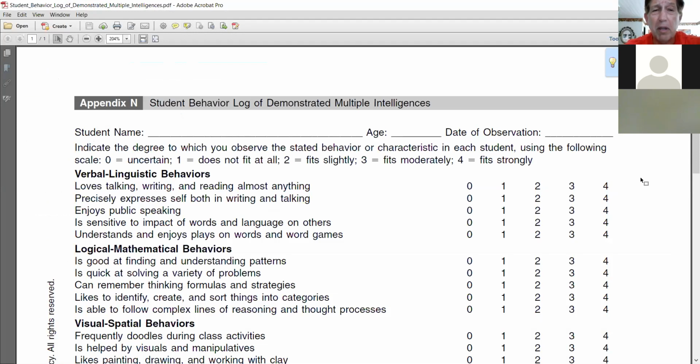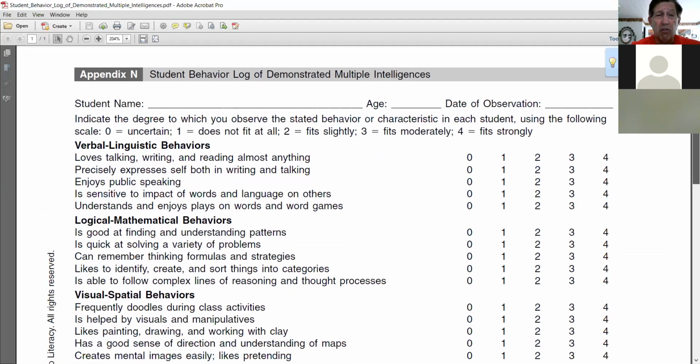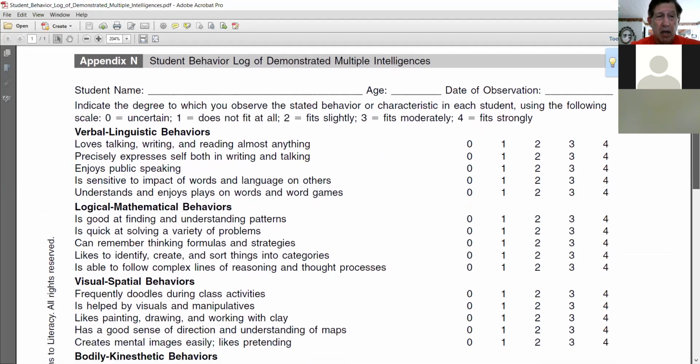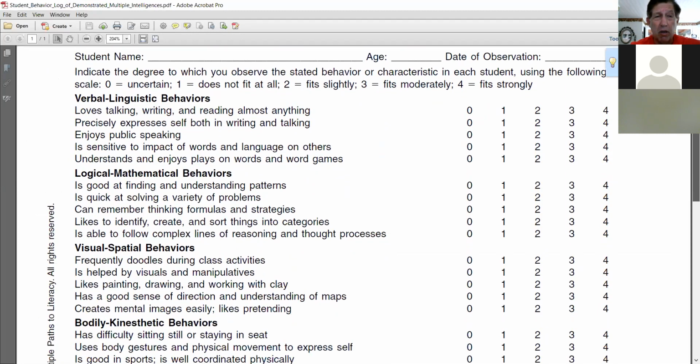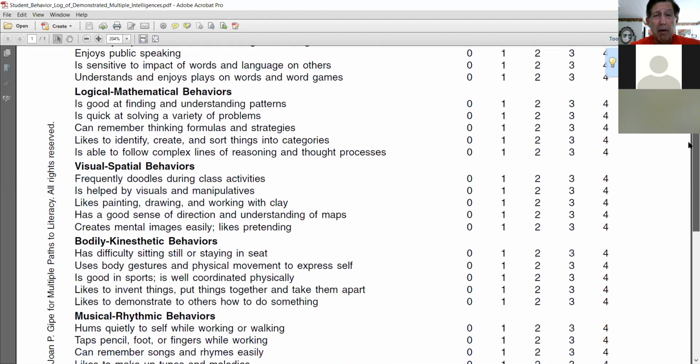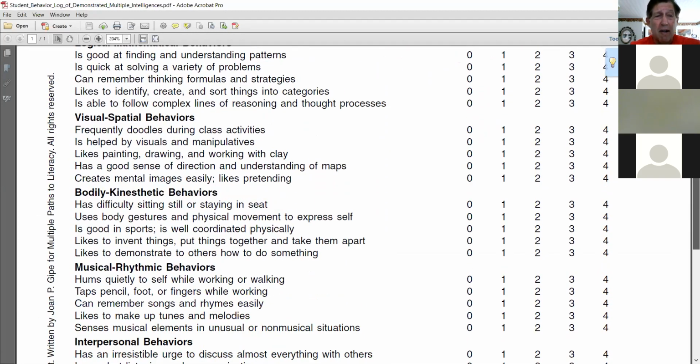So this is a multiple intelligence log. So you want to see where your students' strengths are. Okay, again, you may fill this out with the students. You may fill it out with the students and the cooperating teacher, or you may use the cooperating teacher solely to do that. So you will be able to then design instruction based on it.